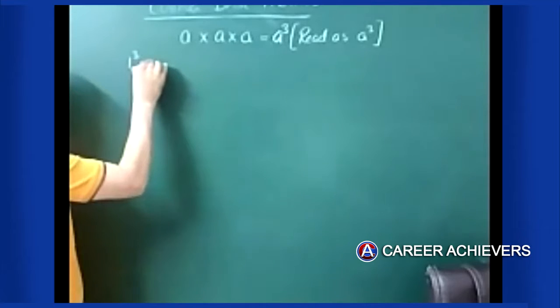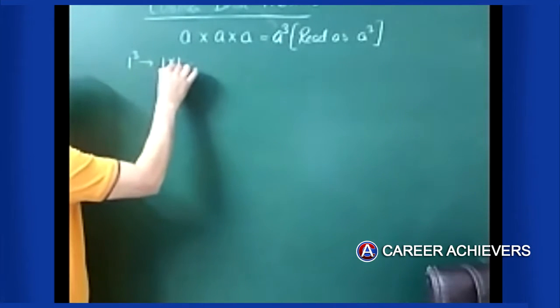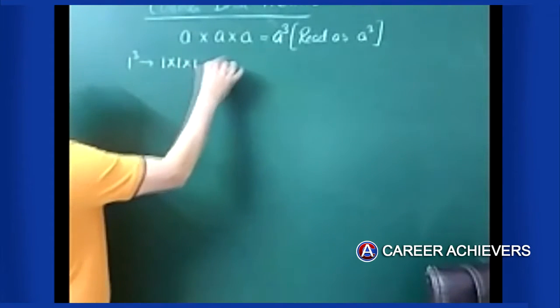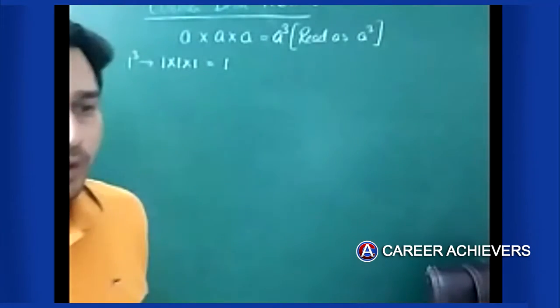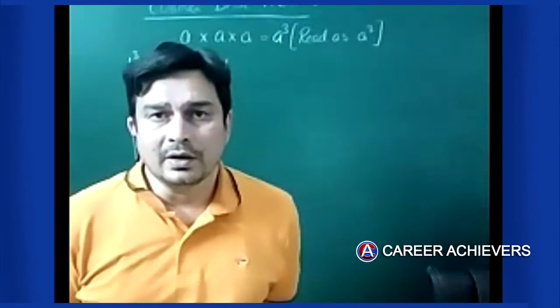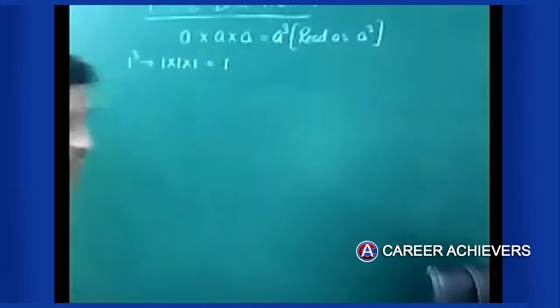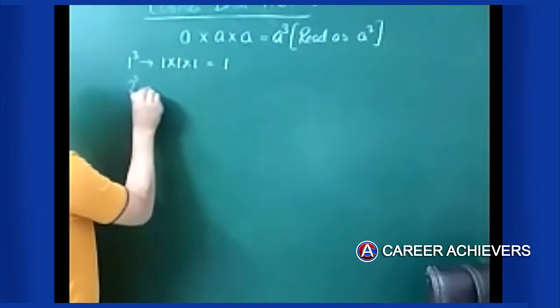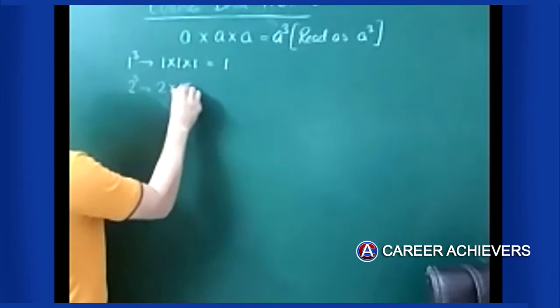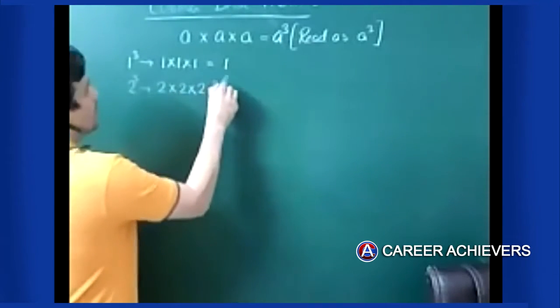What is 1 cube? 1 cube means 1 into 1 into 1. So 1 cube is 1. Now 2 cube. 2 cube means 2 into 2 into 2. So what is 2 cube?